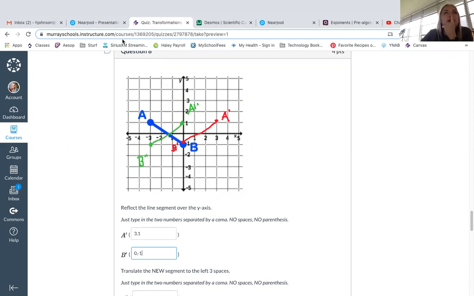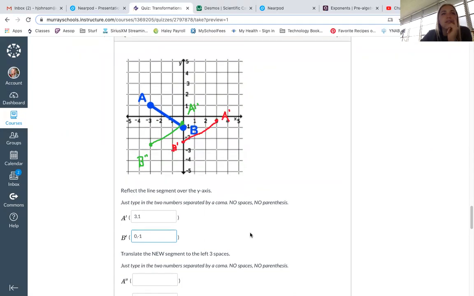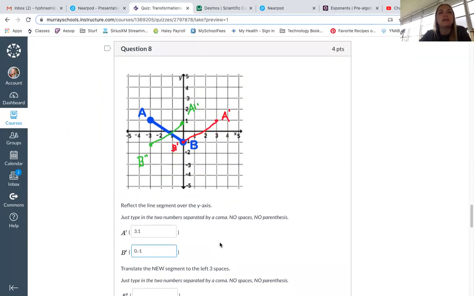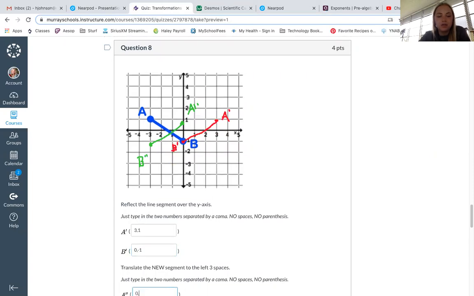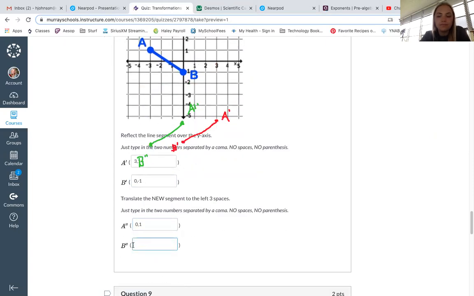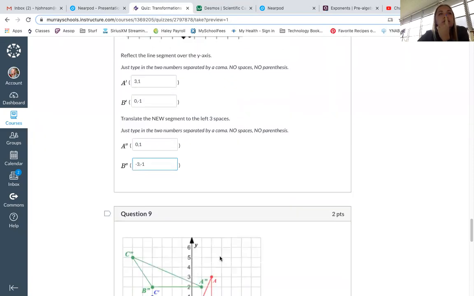So A double prime is at 0, 1. B double prime is -3, -1. So I'm going to type those in. That was 0, 1 and -3, -1. All right. Let's go to the next one.